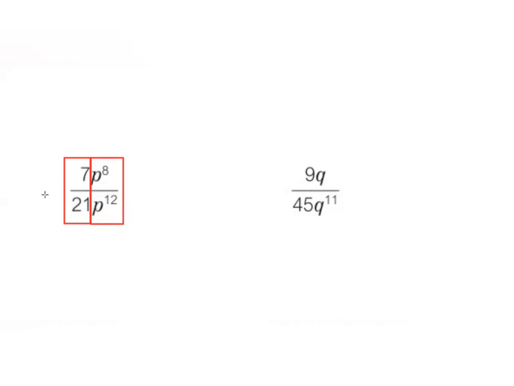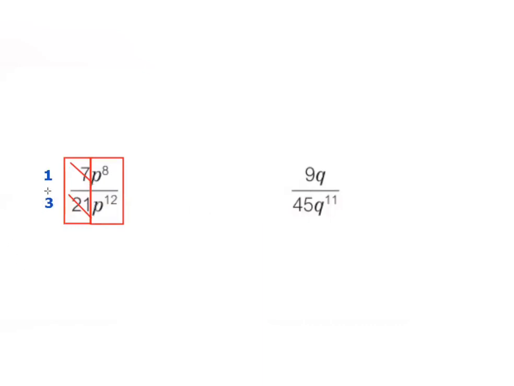The calculator will simplify by dividing the 7 by 7, and the answer will be 1, and then divide the 21 by 7, and the answer will be 3. So it will give you a fraction, 1 over 3.